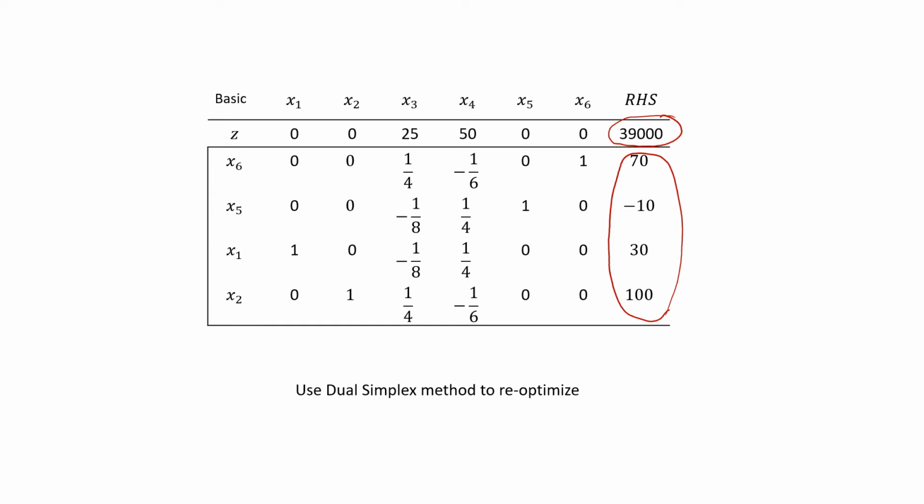But wait a minute, what do we have here now? We have made a change where the right-hand side suddenly has a negative number. That's not allowed. We are supposed to have positive numbers on the right-hand side in our final tableau. Fortunately, we just saw a method to solve this. When we have a number on the right-hand side that is negative, we can use the dual simplex method.